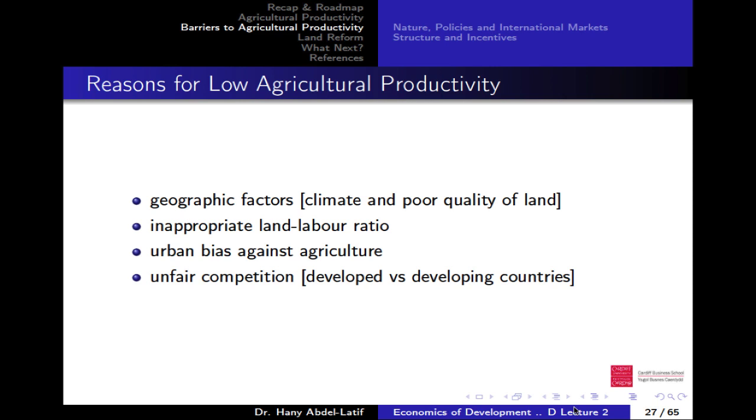We already talked about pricing agricultural products and how keeping the price of agricultural products low was thought to be important for industrial development, and unfair competition between developed and developing countries in international markets. So I'm just going to start with a few of these quickly, just to give you an idea what we're talking about here.